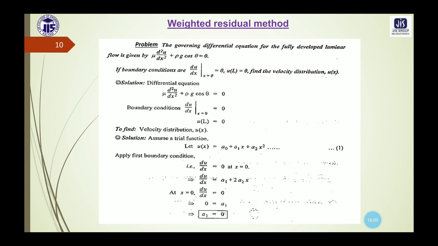If the boundary conditions are du/dx at x equals 0 equals 0 and u(L) equals 0, then we need to find the velocity distribution u(x).